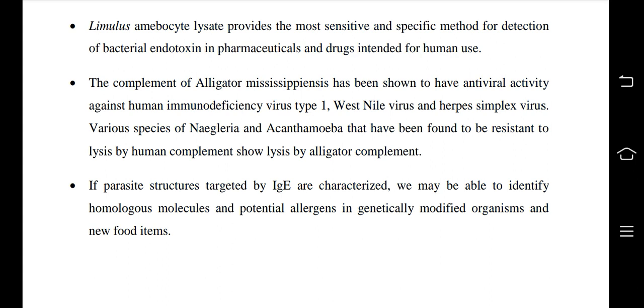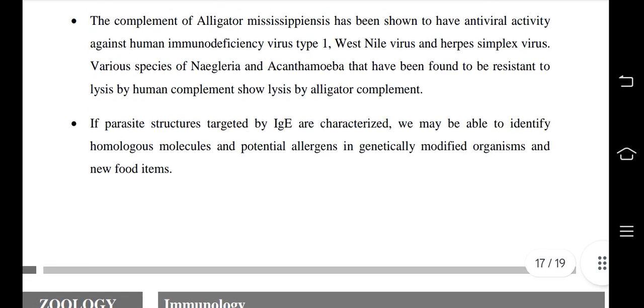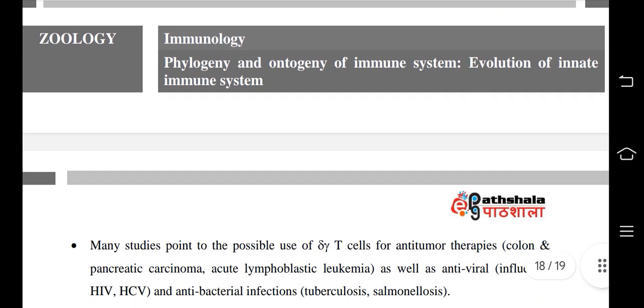Various species of Naegleria and Acanthamoeba that have been found to be resistant to lysis by human complement show lysis by Alligator mississippiensis complement. If the parasite structures targeted by IgE are characterized, we may be able to identify homologous molecules and potential allergens in genetically modified organisms and new food items.